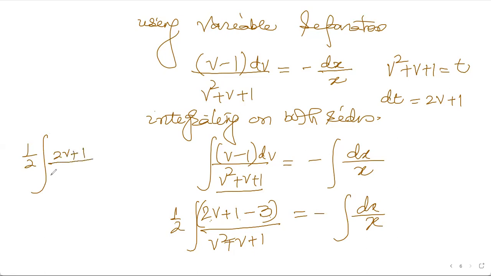So this upon v square plus v plus 1, minus half of 3 times the integral of 1 upon v square plus v plus 1, equal to negative log x plus c.